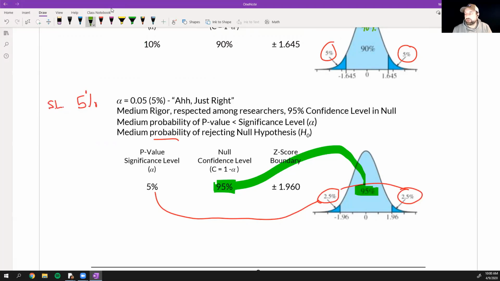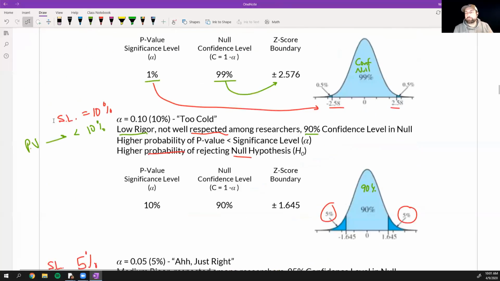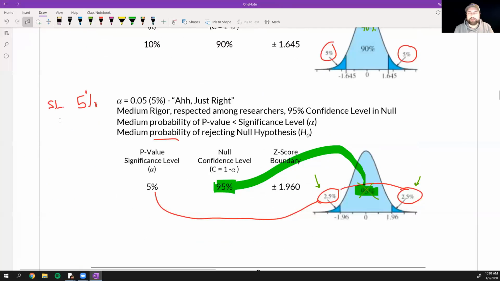And so there is an interval involved here, but instead of in chapter 7, where we were focusing on the area in between the critical points, we're now looking at the area outside of those critical points. That's the area that we're interested in. We're not really interested in this 95% here. We're more interested in these guys, because we're going to take that area and compare it against our threshold. So you've got a 1%, you've got a 10%, and you've got a 5%.